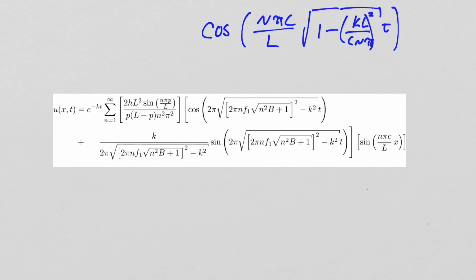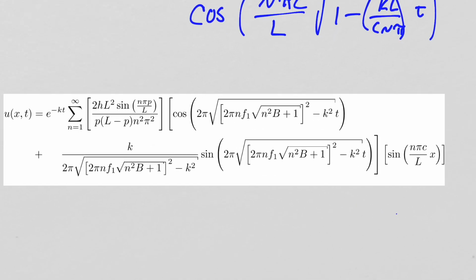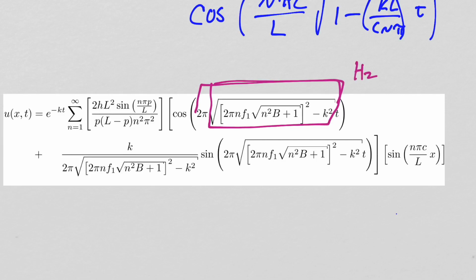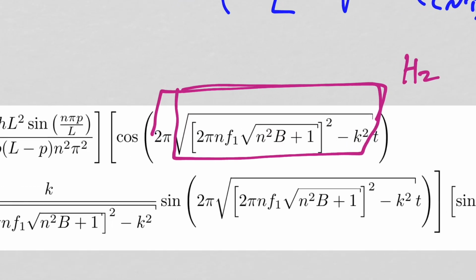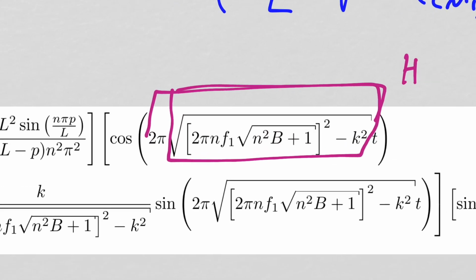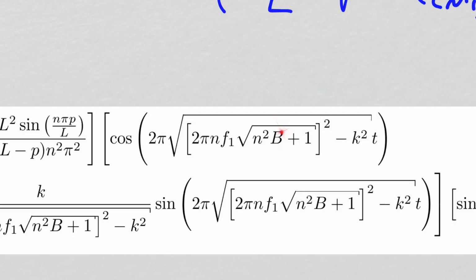So the things to take note of: if this piece here is the frequency, this is the angular frequency, and this is the regular frequency in hertz. What you see here is that the inharmonicity is related to B. If B is large, then the inharmonicity is significant.